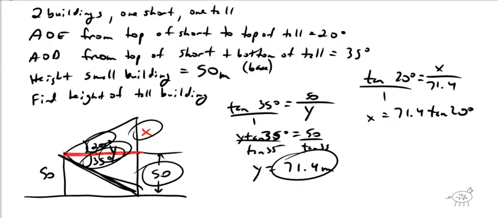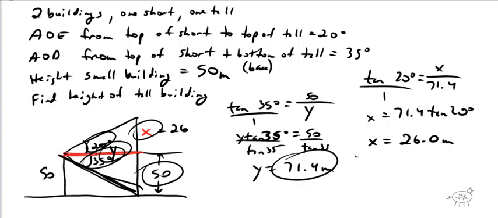So truly what you're doing is taking your last answer, 71.4 and so on, and just hitting times tangent of 20. Because you never use a rounded answer when you're doing anything here. And you get x equals 26.0 meters. Okay, so that's pretty easy, 26 meters.